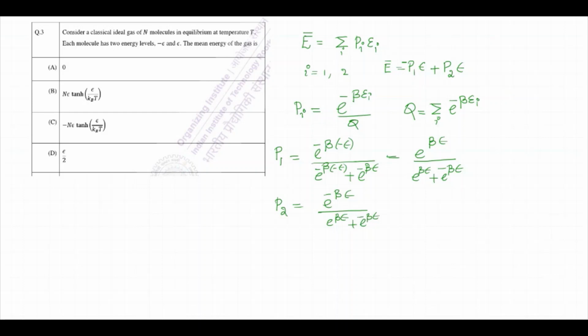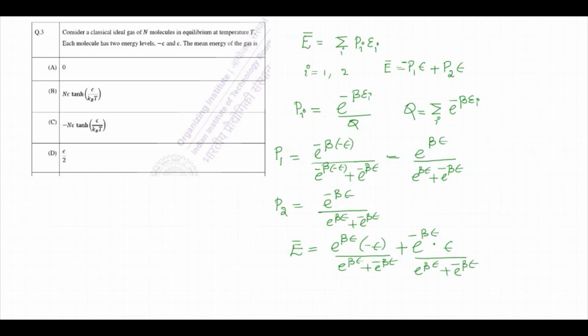Substituting back, we can calculate average energy E bar as e raised to beta epsilon into minus epsilon divided by e raised to beta epsilon plus e raised to minus beta epsilon, plus e raised to minus beta epsilon into epsilon divided by e raised to beta epsilon plus e raised to minus beta epsilon.